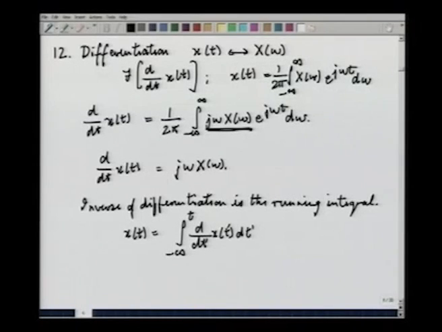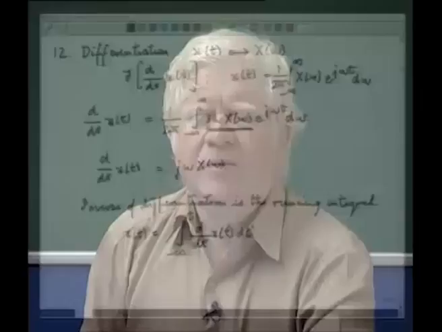So, this is the running integral, and we want to find the Fourier transform of the running integral of a signal if we know the Fourier transform of the original signal. Now, this requires first that we prepare the ground by making a few preliminary remarks.